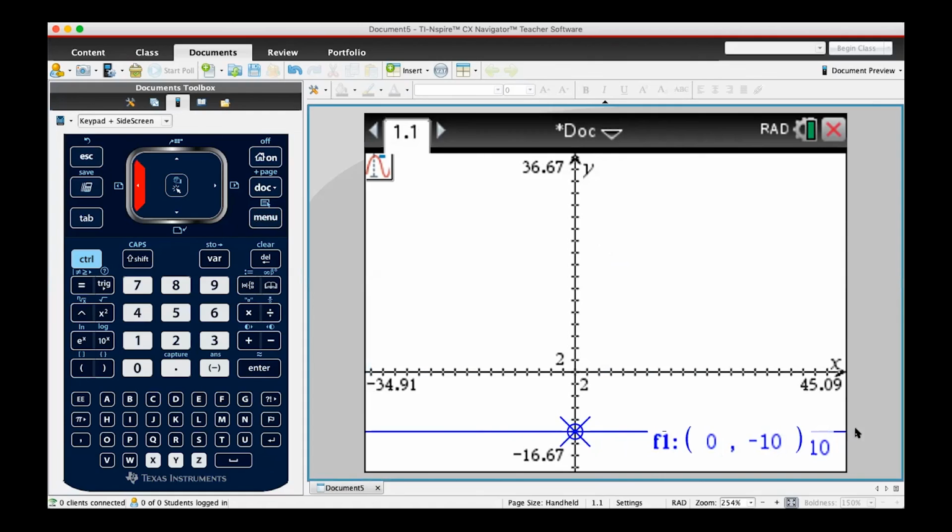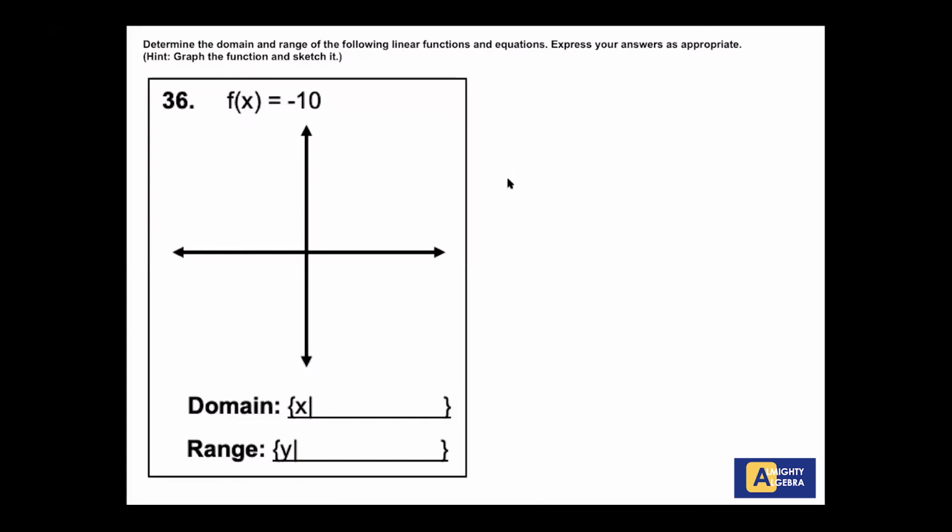We have a horizontal line that goes across and it crosses the y-axis at -10. I'm going to sketch what I just saw on the calculator. I have a horizontal line and it touches here at 0, -10.